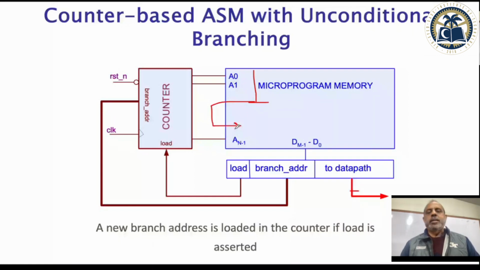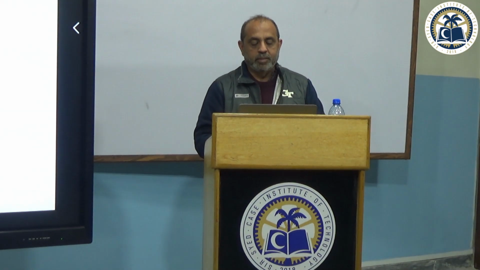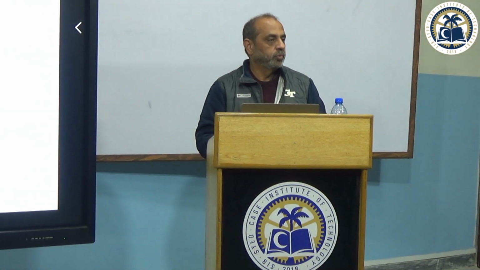This is a capability you want to add in your microprogram, microcode state machine. Now you have to add more bits into the program memory, unfortunately. One is a load bit, which says don't load the counter with any other value, just keep on doing what you are doing. But now you want the counter to load a branch address where you want it to go.